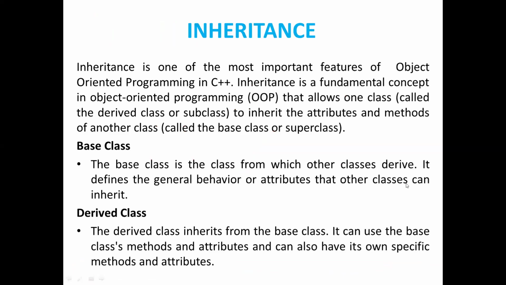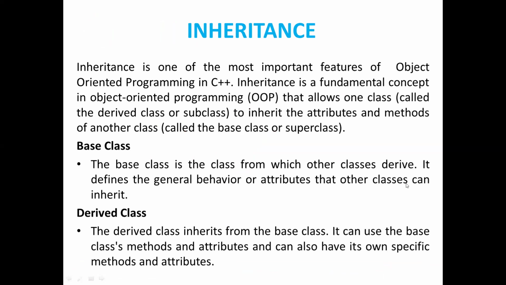Basically, inheritance is one of the most important features of object-oriented programming in C++. Inheritance is a fundamental concept in object-oriented programming that allows one class to inherit the properties of another class.